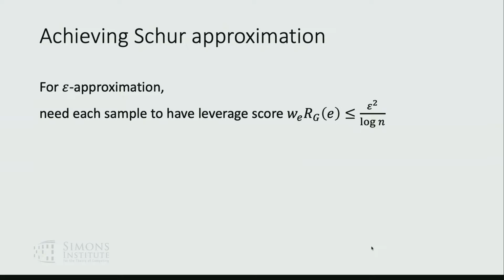So how do we achieve Schur approximation? I'm just reminding us that we saw in the first lecture, we want every matrix sample you generate to have leverage score bounded by epsilon squared by log n. So if I add an edge e with weight w_e, I want w_e times the effective resistance of e to be smaller than epsilon squared by log n. If this is true, then I would have built an epsilon spectral approximation to the Schur complement.